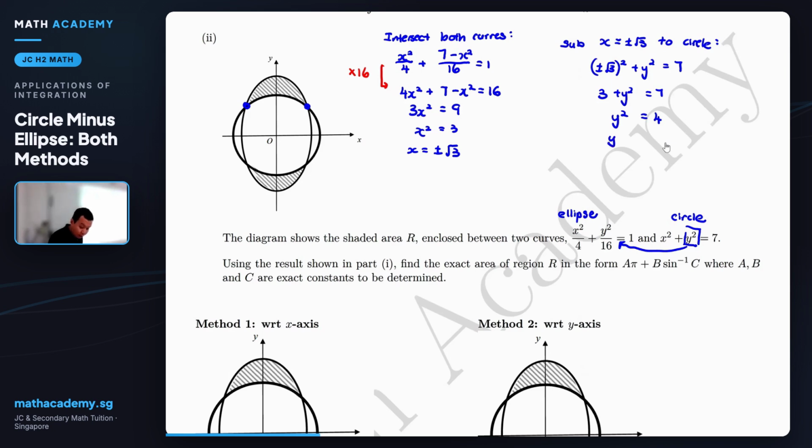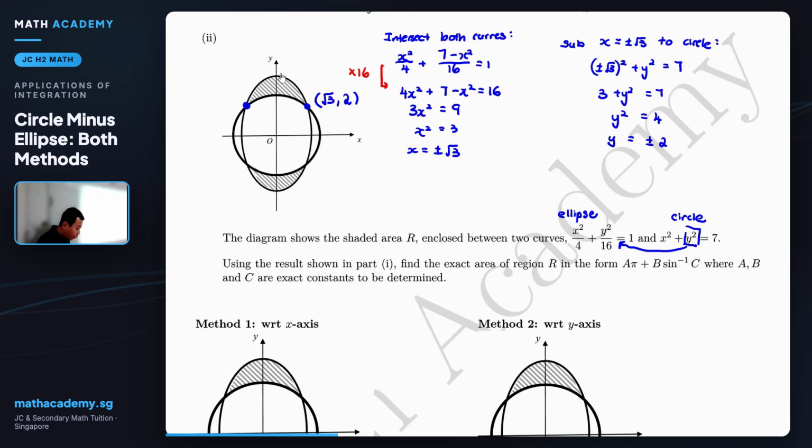So your y will be plus minus 2. Okay, let's put those values onto my diagram. So basically this particular coordinate at the intersection is root 3, 2.